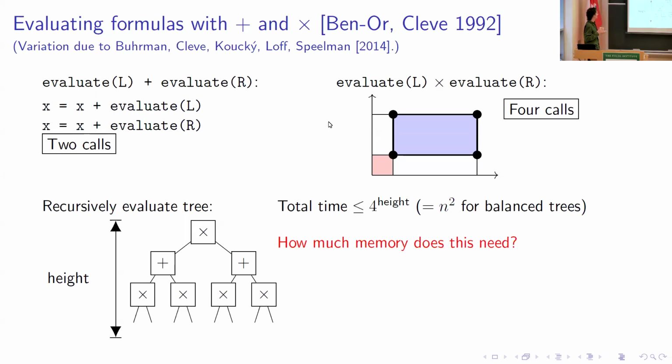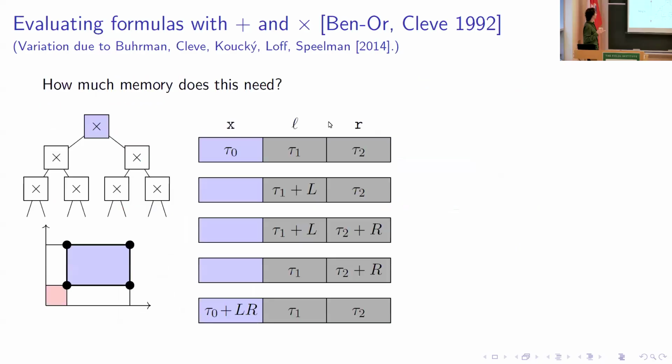Okay, so to answer that, let's take a look at what's going on with our memory when we run this algorithm. So I'm going to assume that my tree only has multiplication operations, because that's the more interesting case. So we start by running our subroutine on the root node of the tree, and we allocate 3 memory locations, x, and then the L and R variables. And I've drawn a timeline of what those variables are going to contain.